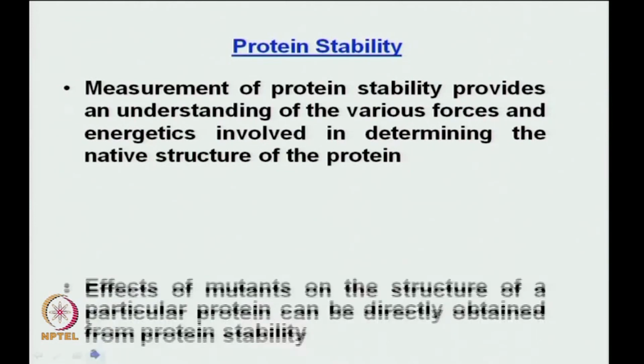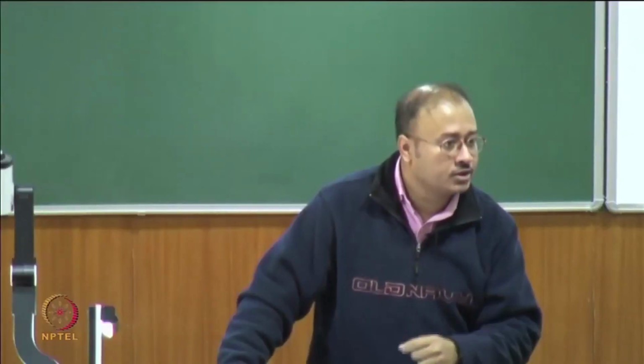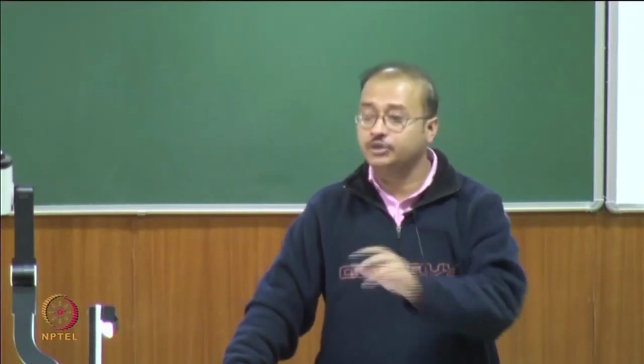One was this, the other one is, suppose you take a protein which has 100 odd amino acids, say about 100 amino acids. You are trying to figure out which set of amino acids might be very important to the stability of the protein. So, immediately what will you do? If you are trying to figure out an amino acid's contribution to stability, the best thing for you to do is take that amino acid out and mutate it, or replace it by another amino acid, essentially a mutation.